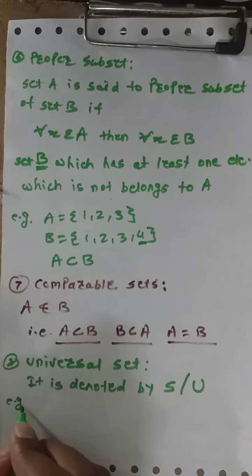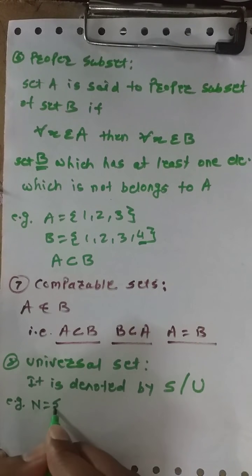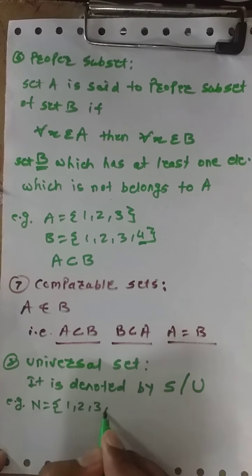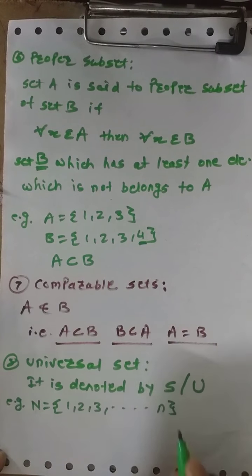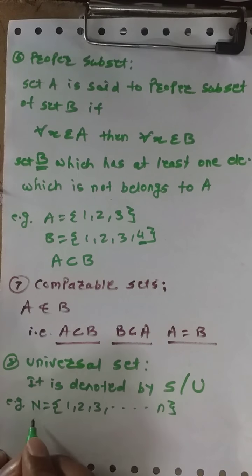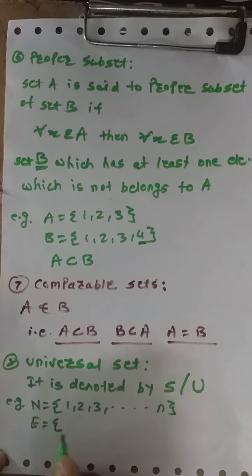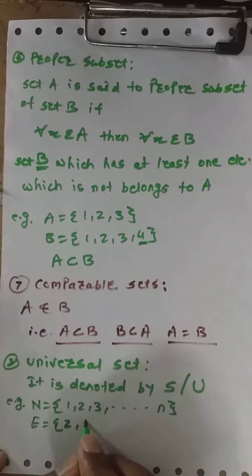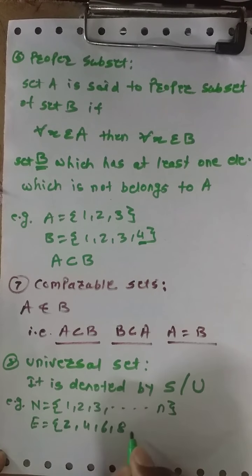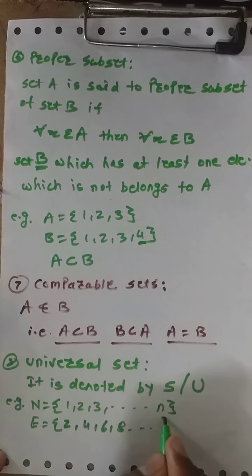Example: consider N is the set of natural numbers, that is 1, 2, 3 up to n, and consider capital E is the set of even numbers, that is 2, 4, 6, 8, and so on.